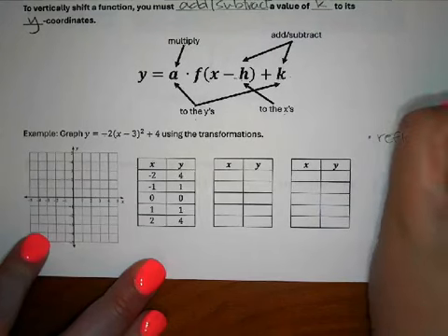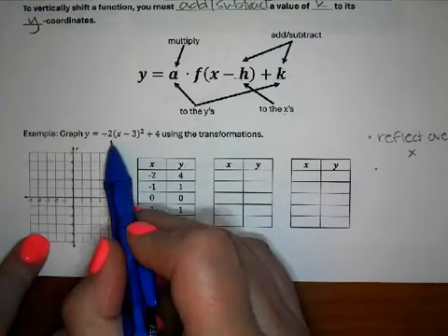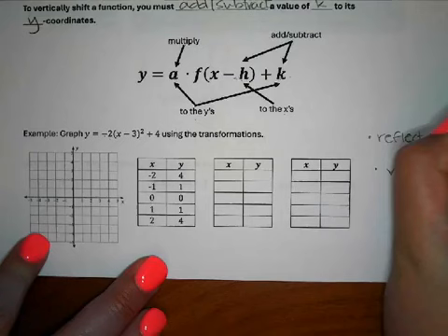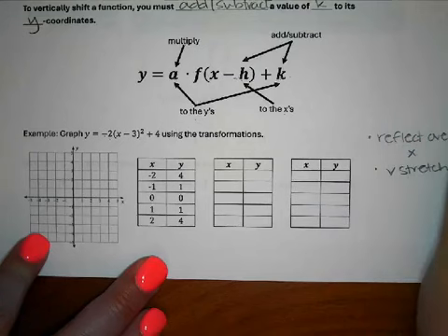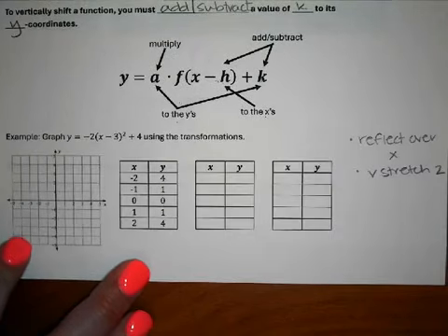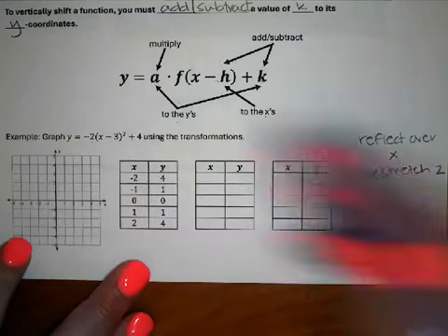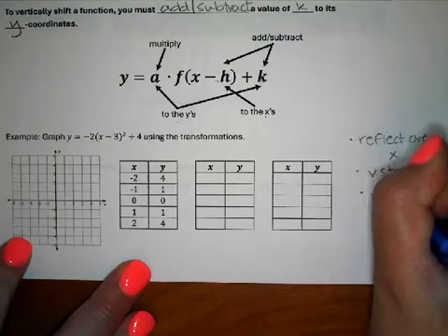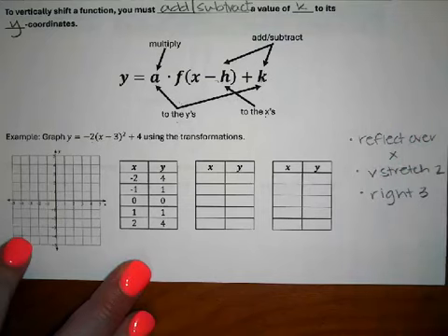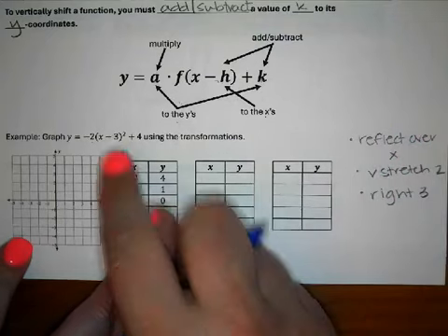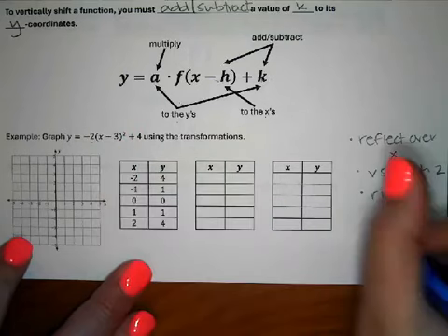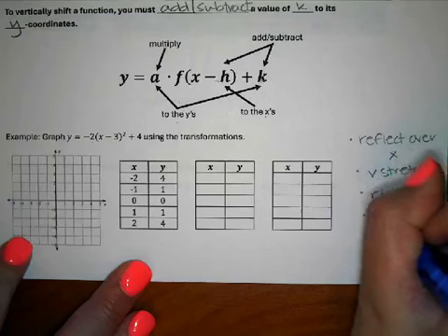The 2 means that the graph has been vertically stretched by 2. The -3 means that the graph has been shifted to the right 3. So the inside of the function is kind of the opposite of what you would think. A minus actually means right, not left. And the plus 4 on the end means the graph has been shifted up 4.